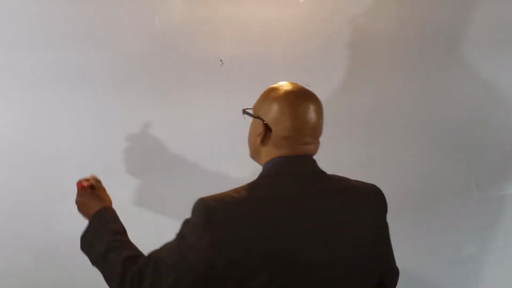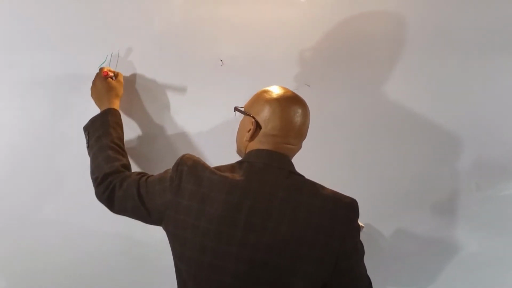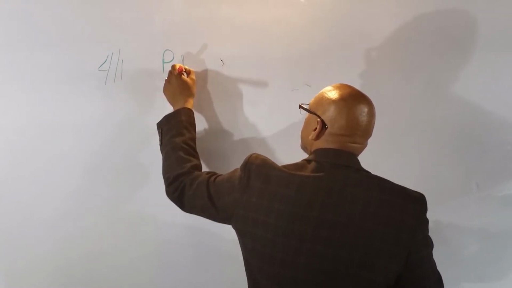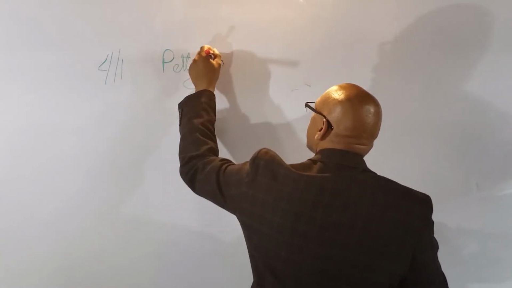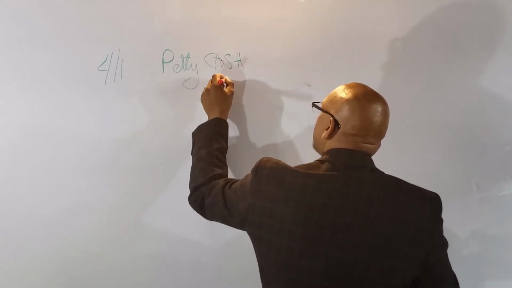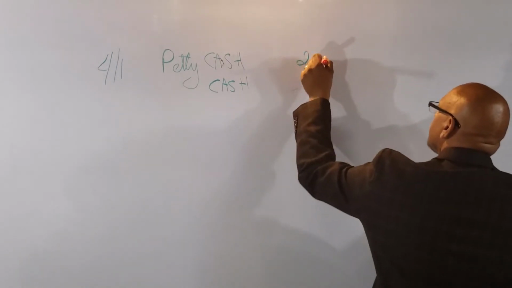Let us first, on April 1st, so your transaction on 4/1 would be to debit petty cash and credit cash for $200.